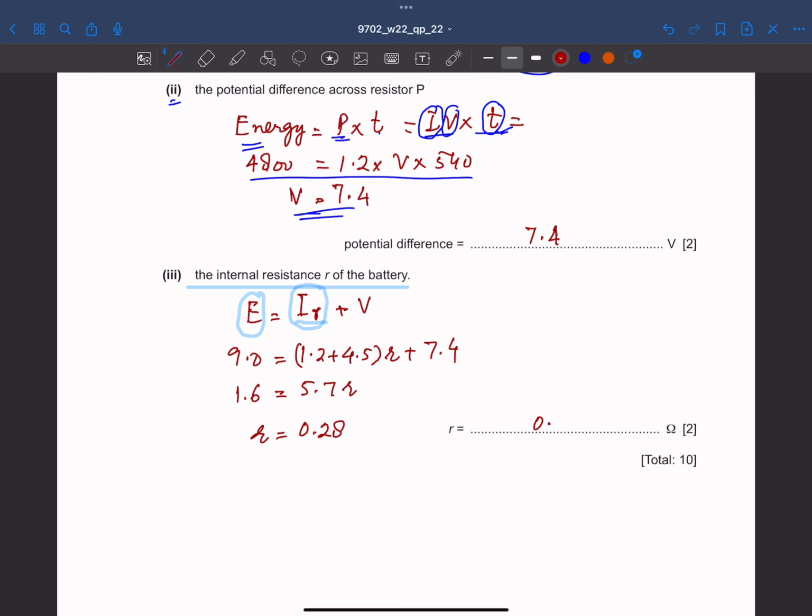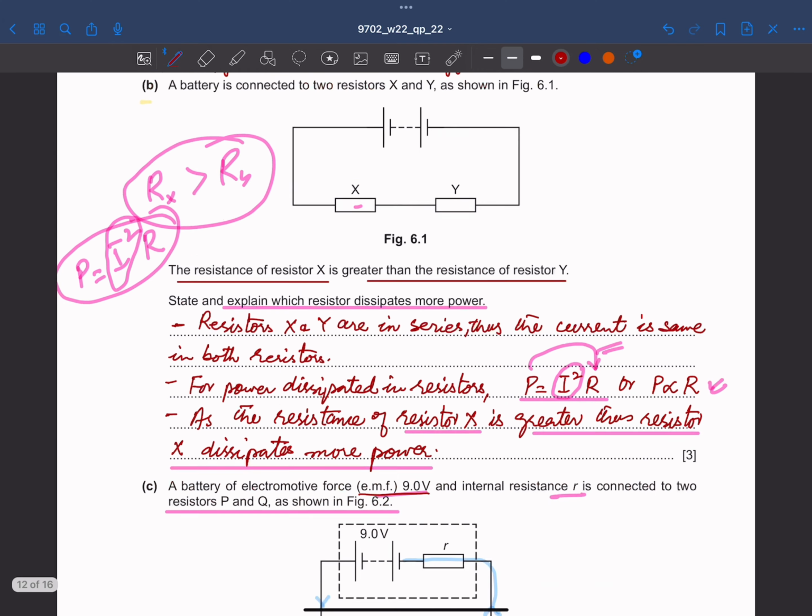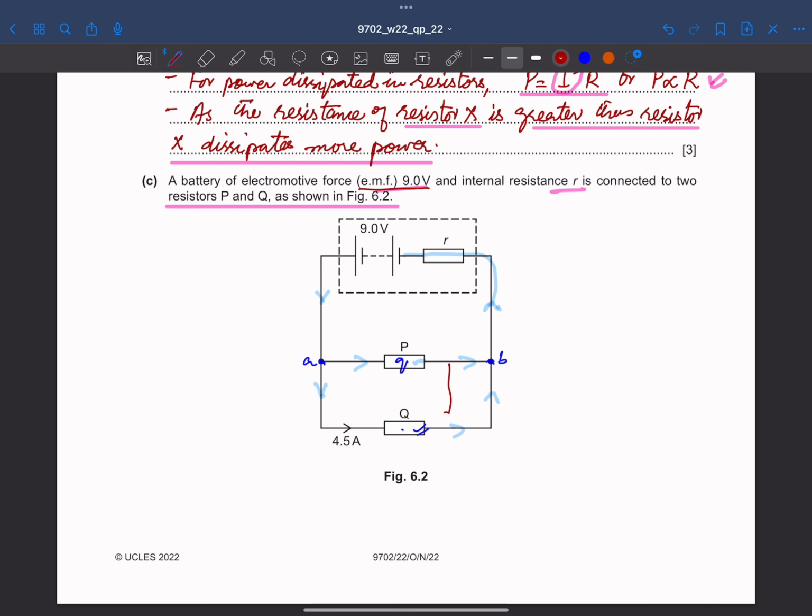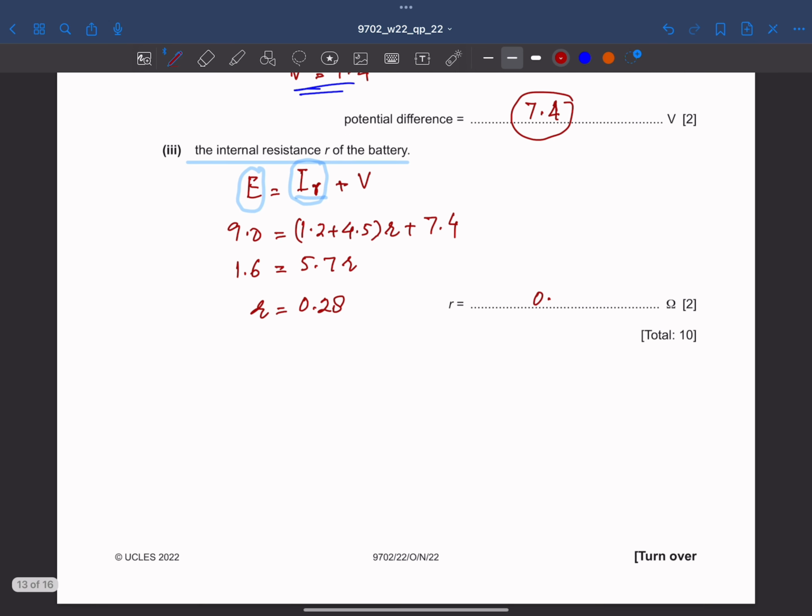What potential difference you have already calculated? Basically you have calculated the potential difference across P, but as I said that P and Q are in parallel, so you will have the same potential for both of them. So the potential difference is nothing but what we have calculated, which is 7.4.